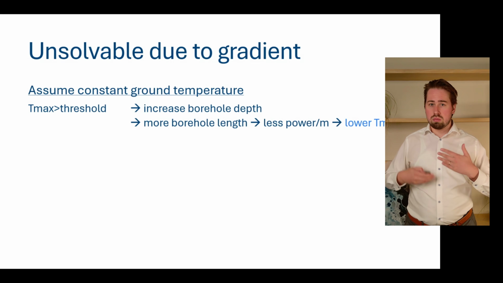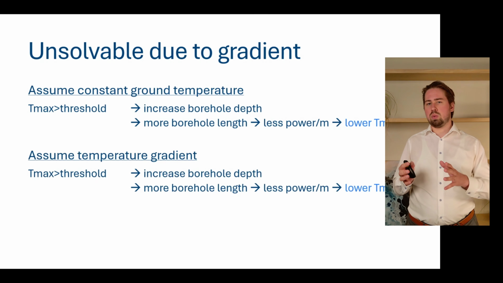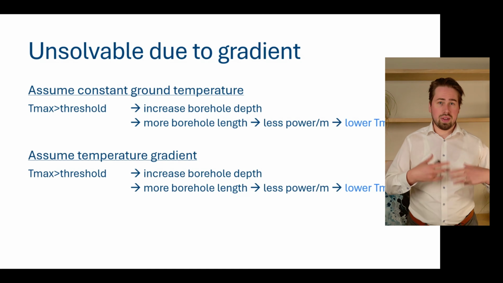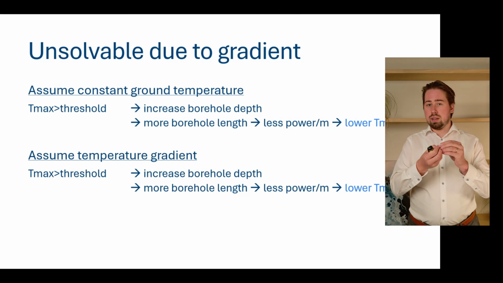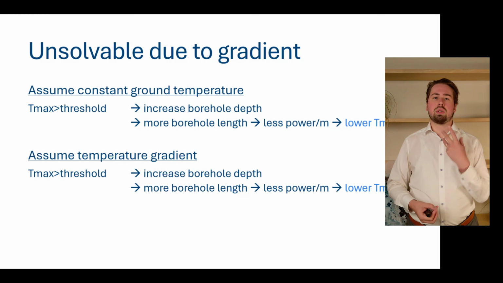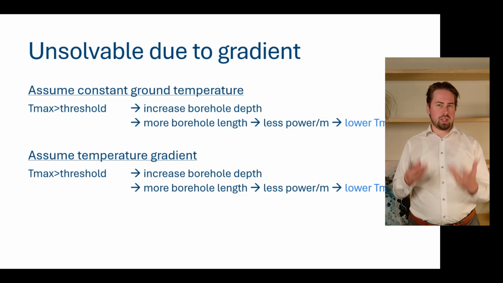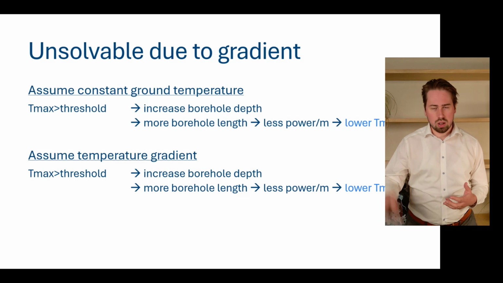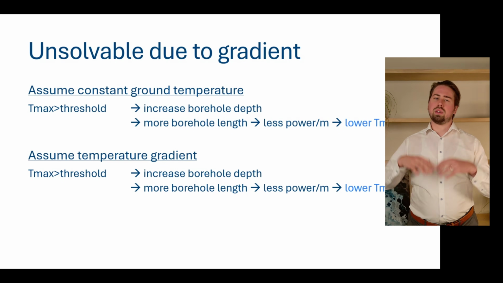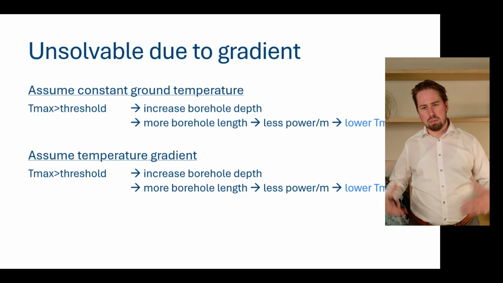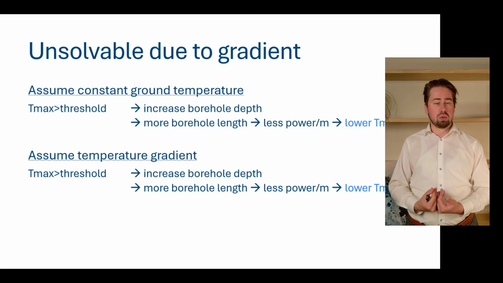However, most common is the situation where you design with a ground temperature gradient, meaning that if you go deeper, your ground temperature becomes warmer. And when that's the case, and your fluid temperature is again above the threshold, the algorithm will say, okay, let's drill deeper, you have more borehole length, you have less power per meter, your fluid temperature will be lower due to that.